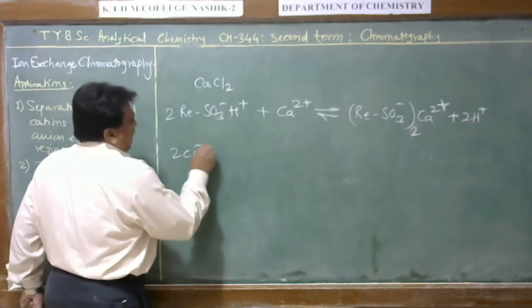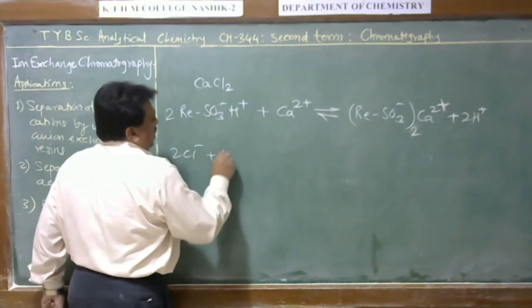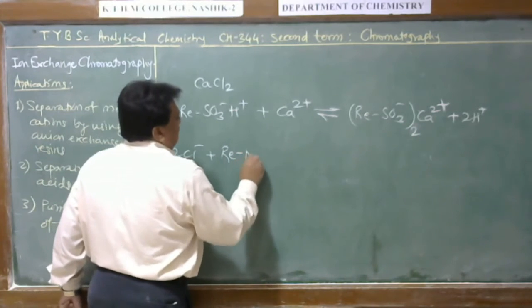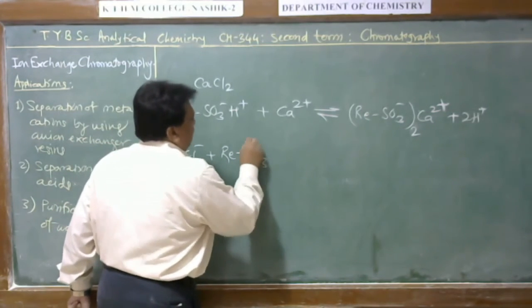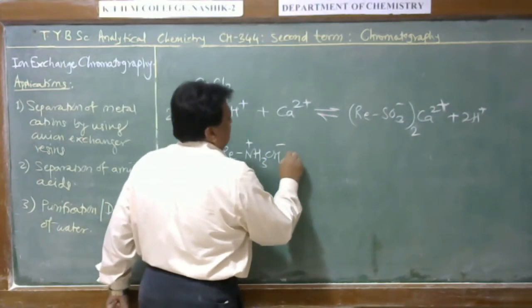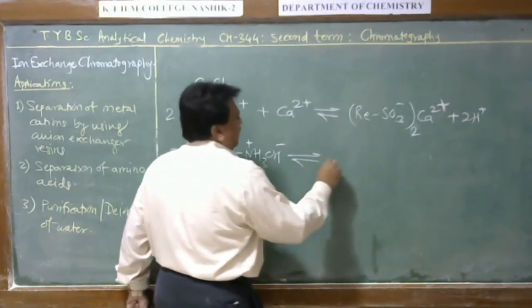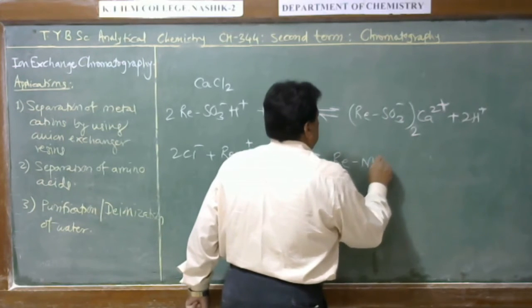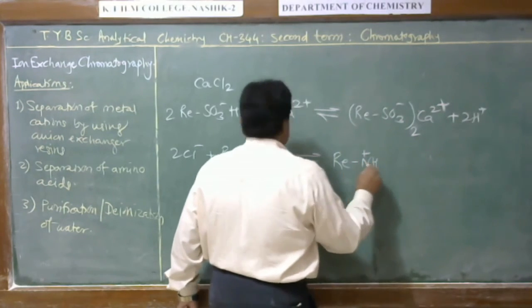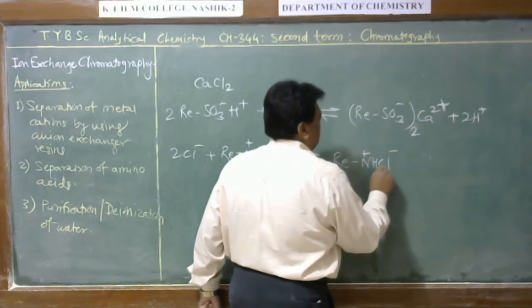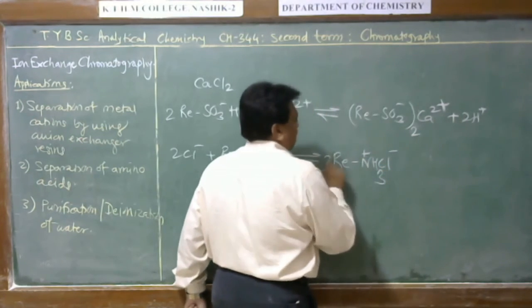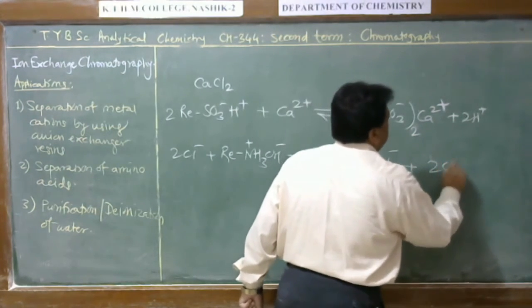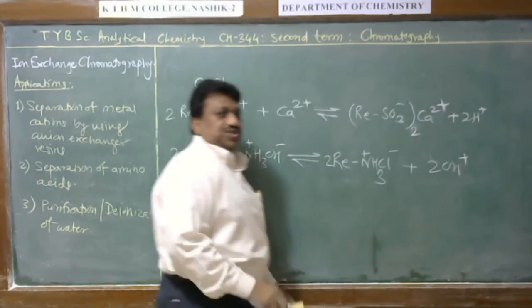Similarly, the 2 chloride ions, when we pass through a resin molecule containing an NH3 plus OH minus amine group, get converted to ReNH3 plus Cl minus, (ReNH3 plus Cl minus) twice, plus 2 OH minus ions given in the solution.